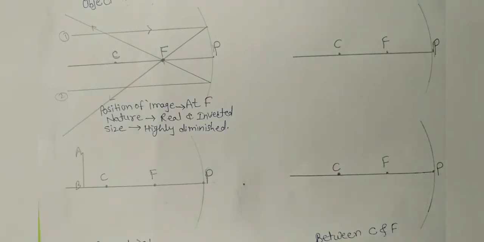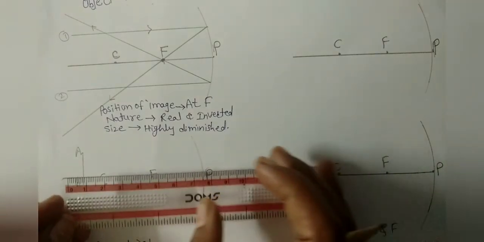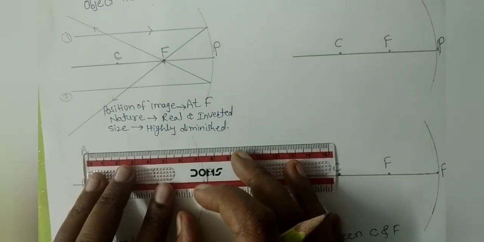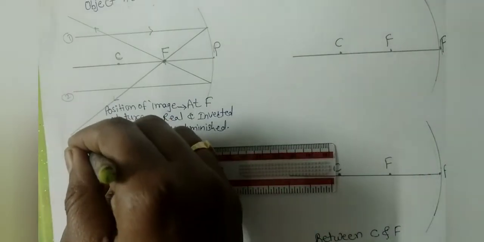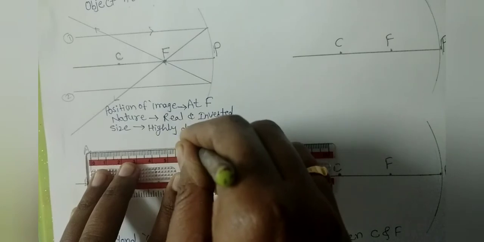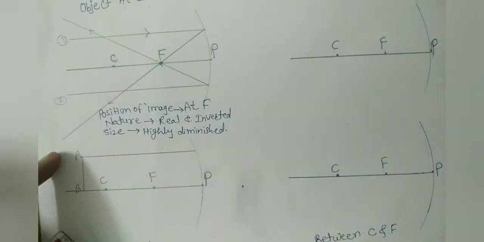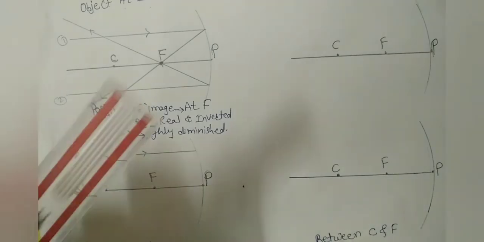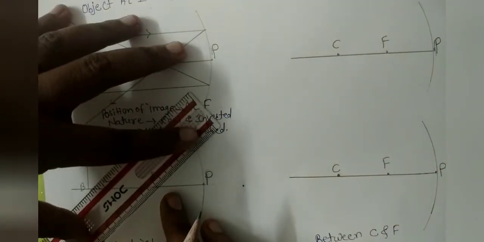A ray from point A goes parallel to principal axis. This will pass through focus. So we will take first ray which is parallel to principal axis and which will pass through the focus. We will take ray from point A which is parallel to principal axis, and after reflection, according to our rule, it will pass from the focus.